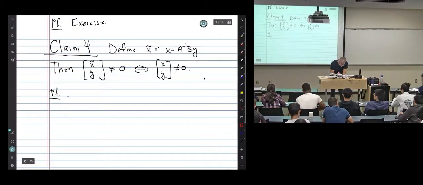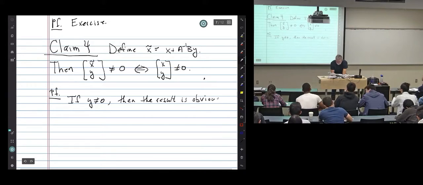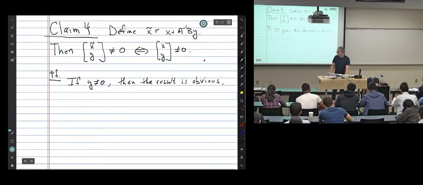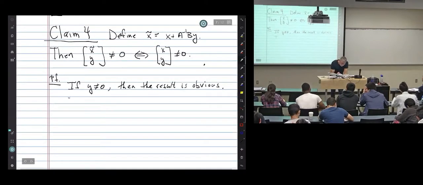Proof. If y is not equal to 0, then the result is obvious. Okay, reviewers hate it when you write that, but we're still going to do it, okay? So now we look at the case: what if y is 0?